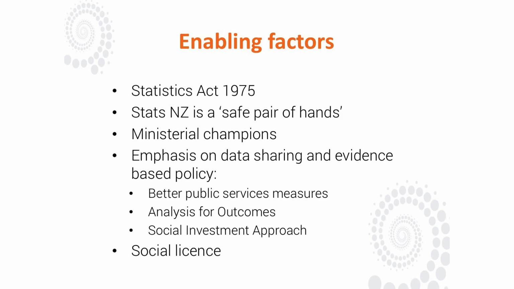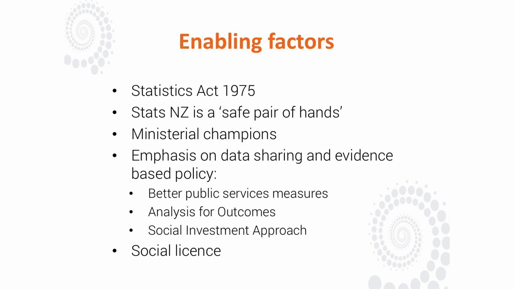And the Stats Act also gives the government statistician a certain level of independence, which ties into the perception that Stats is perhaps a safe pair of hands. We're not an operational agency. Our operation is making sure stuff's quality in terms of data, but we're not out intervening or working hands-on with the public in the same way. So that again can be quite helpful.